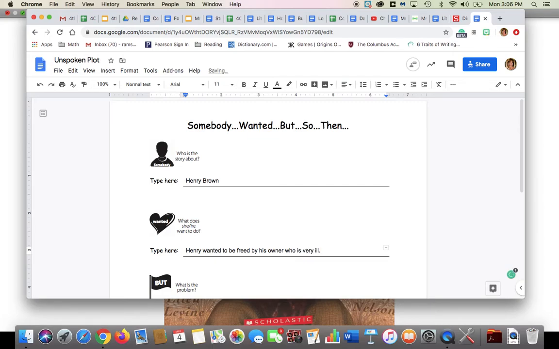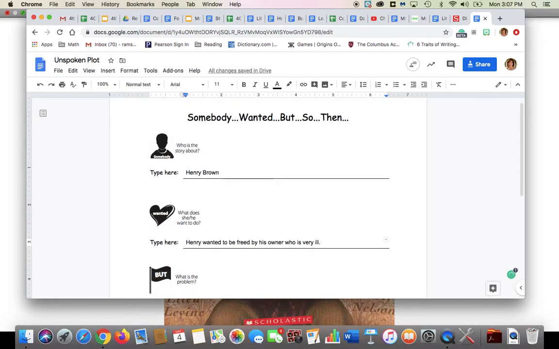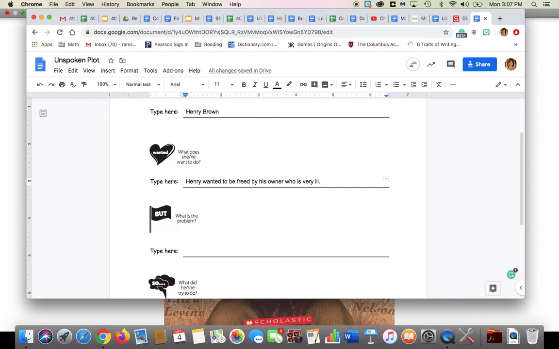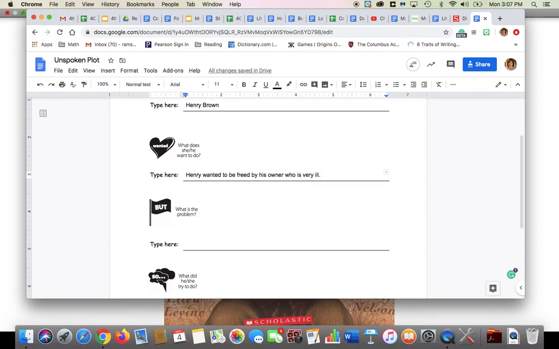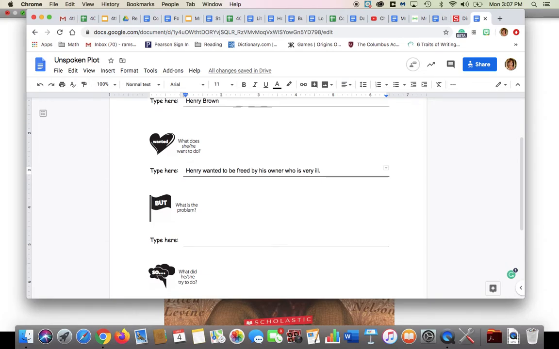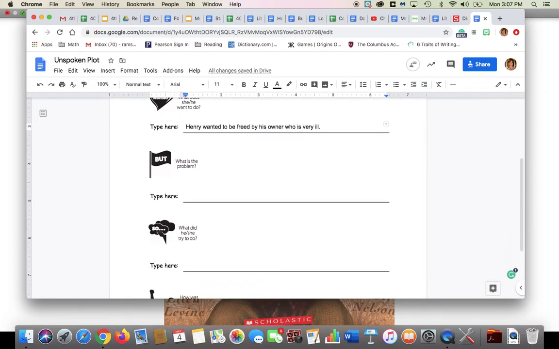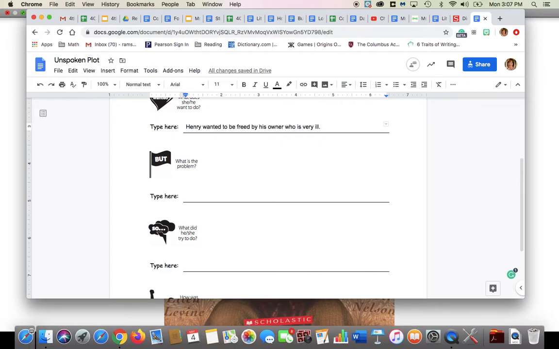If you can remember the page of him as a little boy with his mom standing by his owner's bedside, and that was his one want, to be freed. But what happened? What happened to poor Henry in that moment?